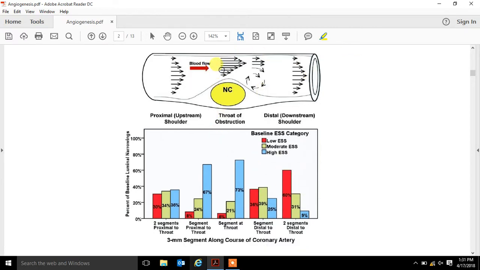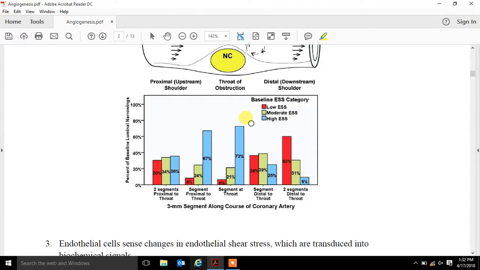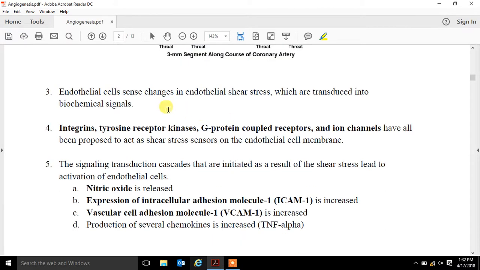So it's clearly a potential stimulus driving some of this adaptation in pathology, as well as in some cases exercise. Why this is important is because these endothelial cells that line our blood vessels can sense these changes in shear stress and convert that mechanical stimulus into a biochemical signal.